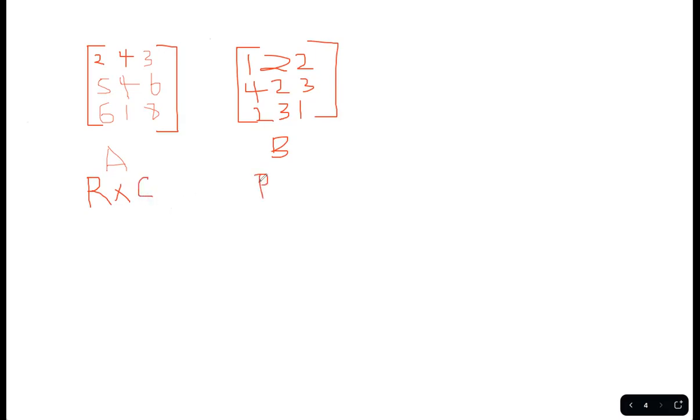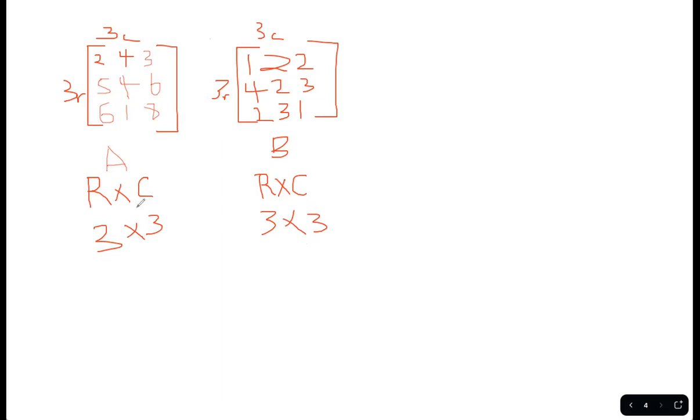How many rows do we have? We have 3 rows, 3 columns. So 3 times 3, 3 times 3.